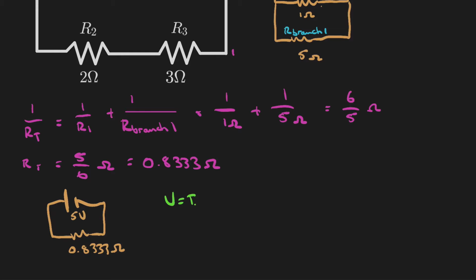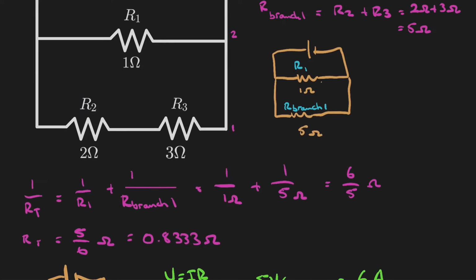V equals IR, or I should rearrange first. I equals V divided by R, which equals 5 volts divided by 0.8333. And doing some quick maths, we get approximately 6 amps.